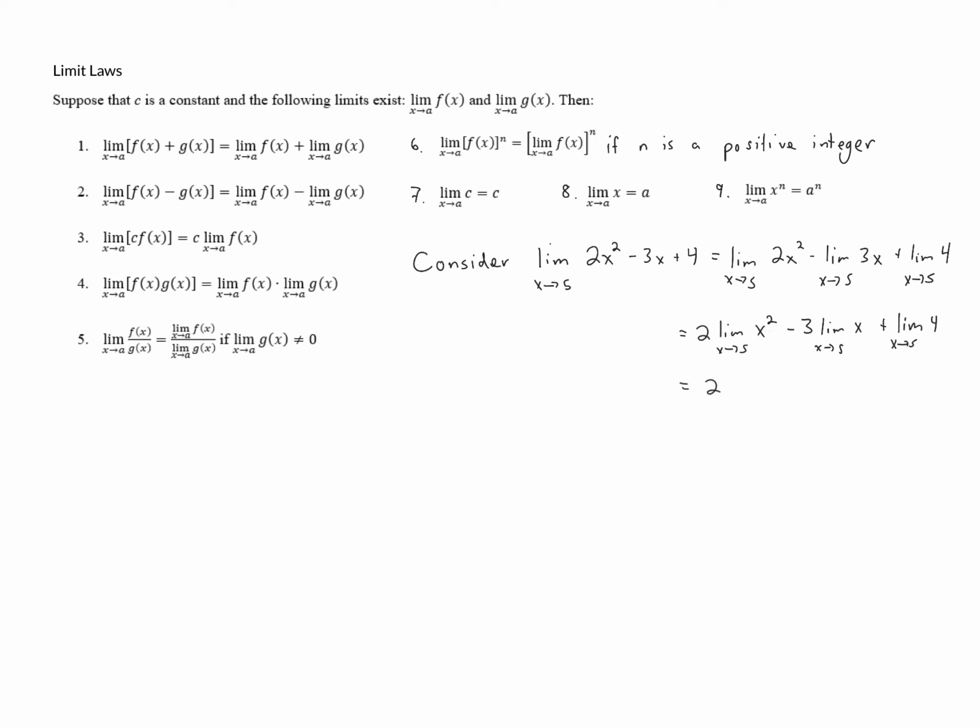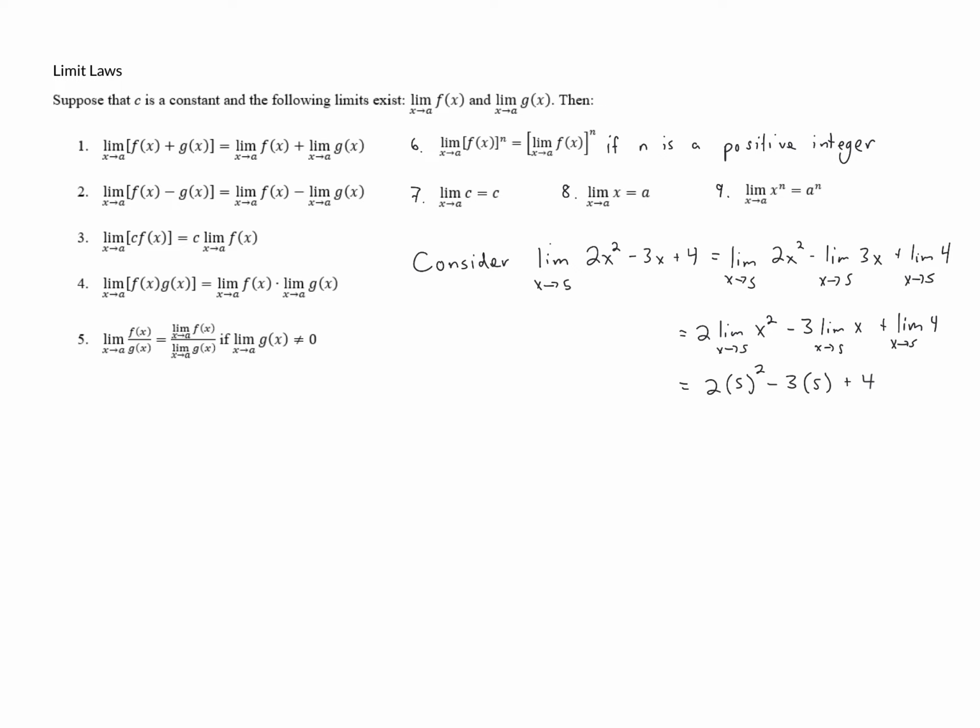So this is going to be 2 times 5 squared, and then minus 3 times, well, the limit of x as x approaches 5 is just 5. So that's 3 times 5. And then plus the limit of a constant function is just that constant. So plus 4.